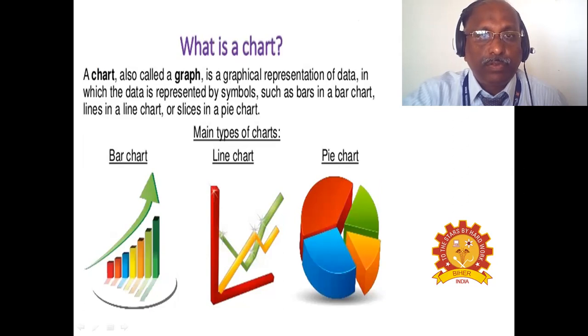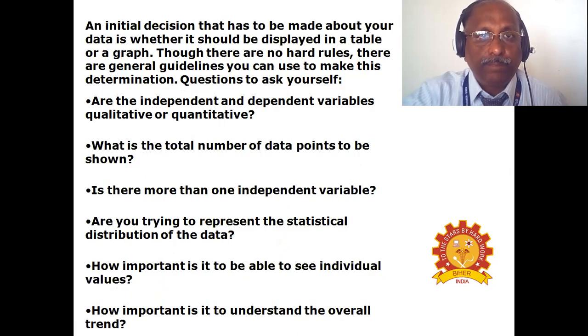Main types of charts include bar chart, line chart, pie chart. Various data from the research studies or economics or any other engineering fields can be represented in the form of these charts. Typical examples are shown in these figures.